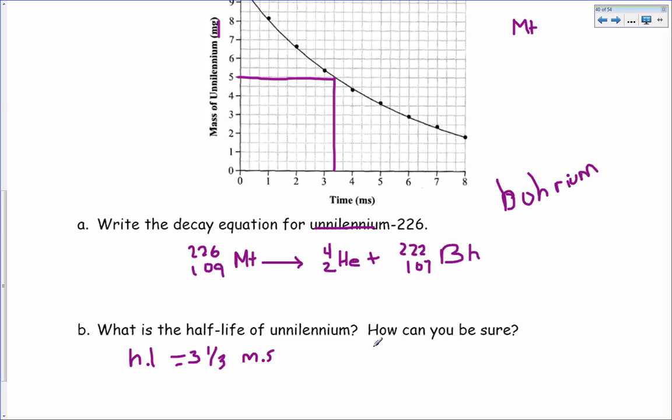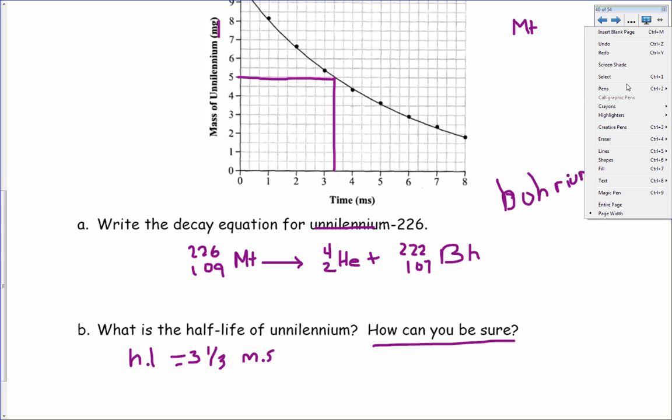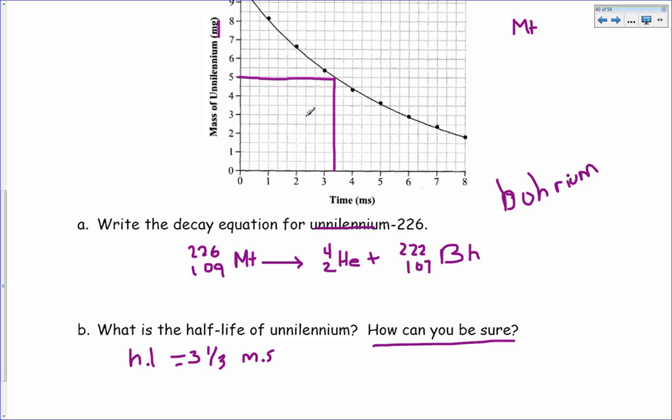Then, how can you be sure? So what you want to do is check the second half-life, see if the second half-life is the same amount of time. If 3 1/3 is a good estimate of the half-life, then your second half-life should be at 6 2/3. I'm just going to change my pen color here.